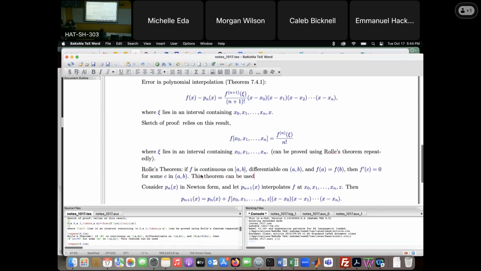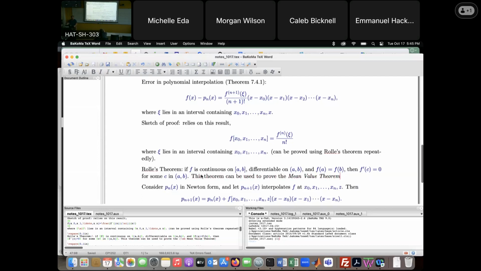Now, an important consequence of this theorem is it can be used to prove another theorem that you would have seen in Calculus 1, the mean value theorem. But I didn't bother asking anyone what that is. That's okay.